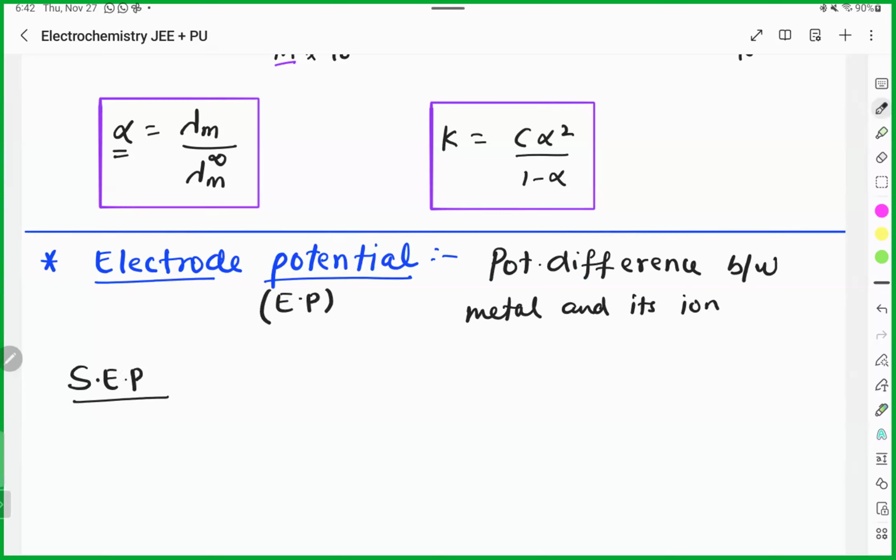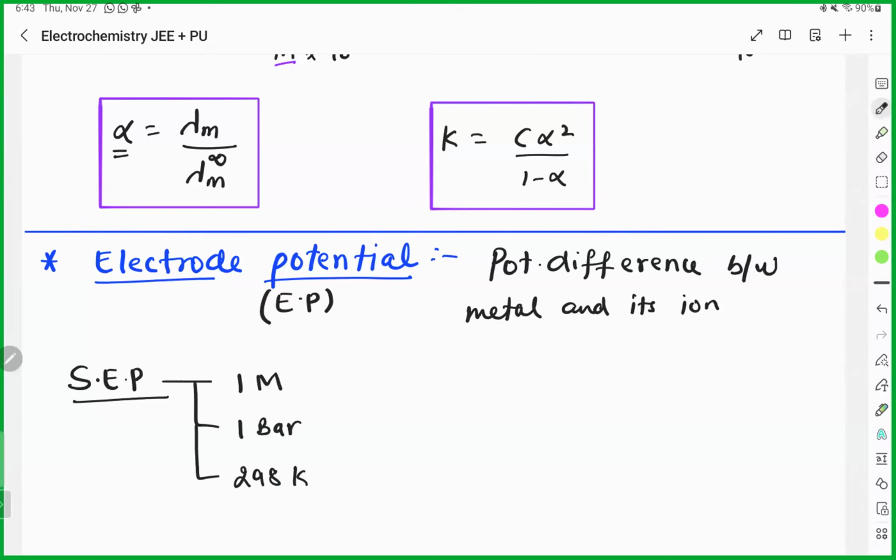And when we say standard electrode potential, Chinmay, what will be the standard electrode potential? There are three conditions: 1 molar concentration, 1 bar pressure, and 298 Kelvin temperature. If you have these three conditions, 25 degrees Celsius temperature, 1 bar pressure, and 1 molar concentration, then the potential will be standard.